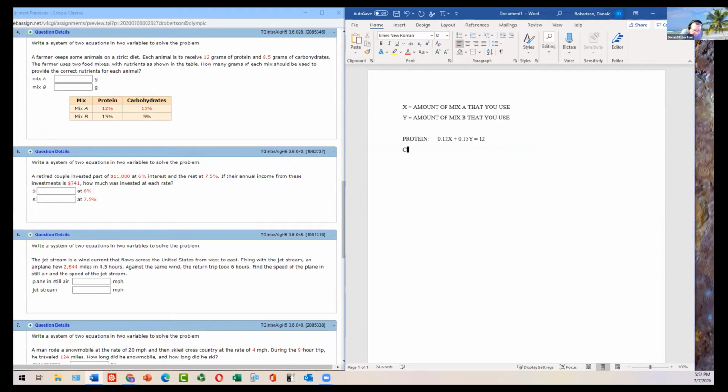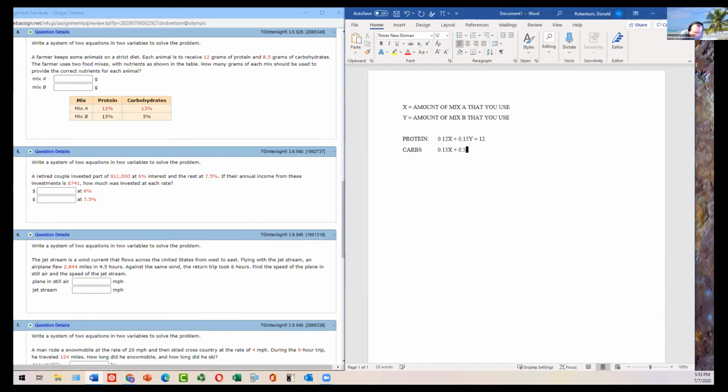What about the carbs? A very similar thing is going to happen. You're going to use X as the top one, and Y from the bottom one. So you're going to get 0.13X out of this fella. Then you're going to add 0.05Y.